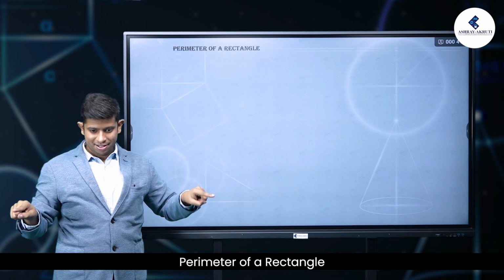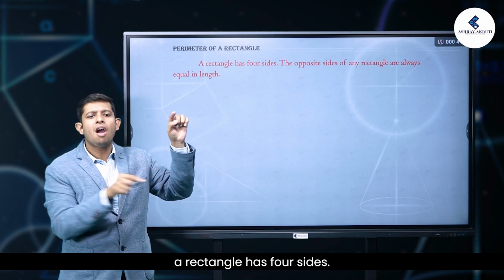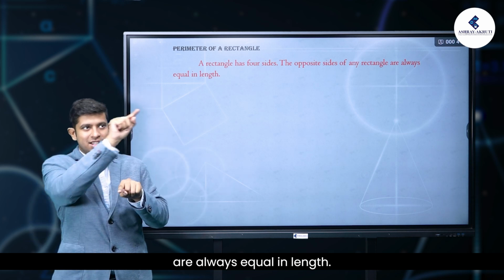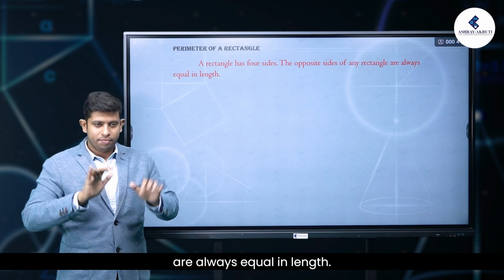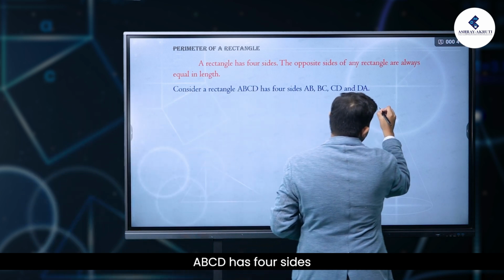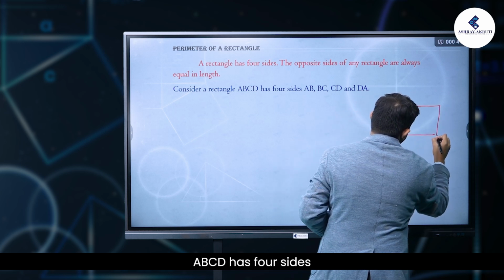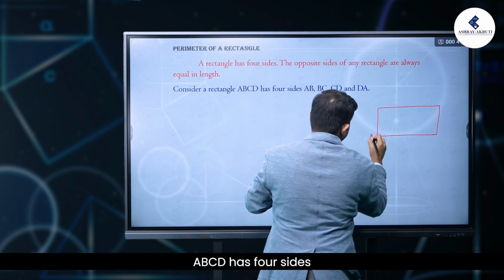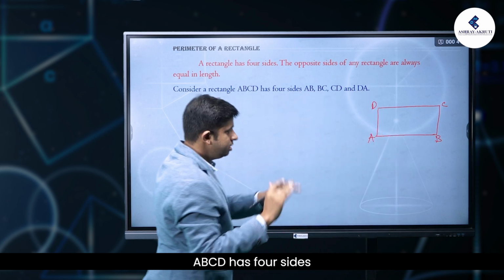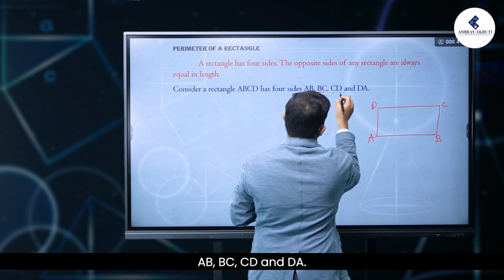Perimeter of a rectangle. We know that a rectangle has 4 sides. The opposite sides of any rectangle are always equal in length. Consider a rectangle ABCD that has 4 sides: AB, BC, CD and DA.